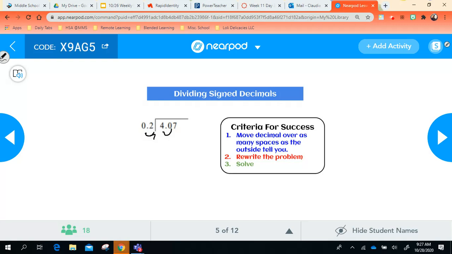So I'm going to rewrite my problem. So it is now 2 and 40.7. So 40.7 divided by 2. When you're writing this down in your notebook, I would draw a little arrow to signal that movement of the decimal.